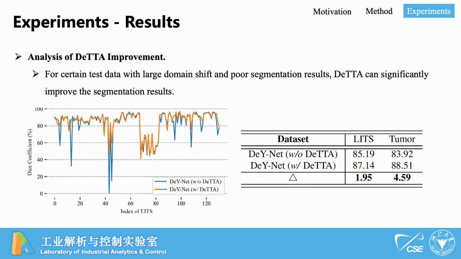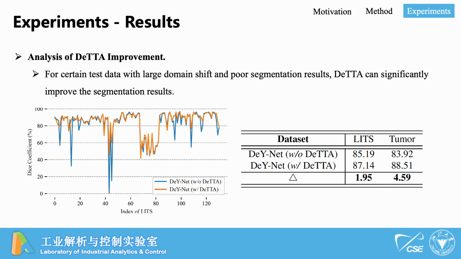Overall, DTTA increases the average dice by 0.5% with a notable increase of 1.95% in the LITS dataset and 4.59% in the tumor dataset, a subset of the LITS dataset with more pronounced domain shifts.